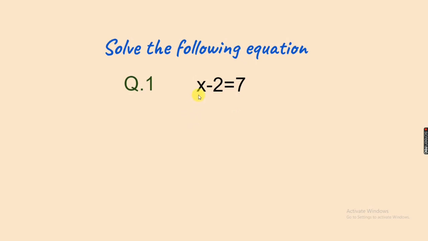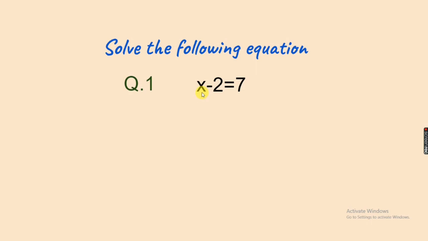We have to solve this equation. Our equation says that x minus 2 is equal to 7. By solving the equation, we mean that we have to find the value of this variable, the value of this x.